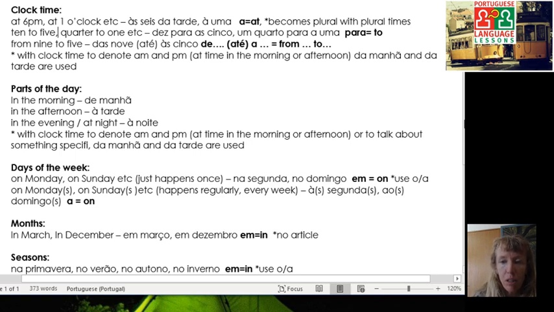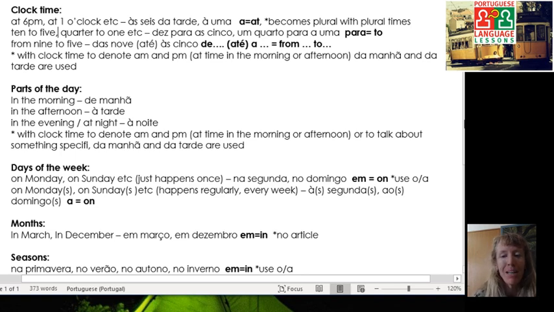Days of the week, on Monday, on Sunday, when it just happens once, it's called pontual. Na segunda, no domingo. Remember, we're matching to the last letter of the next day. So we're using em, but remember to use the article as well, u or a.